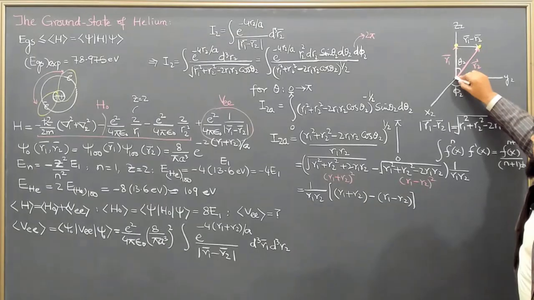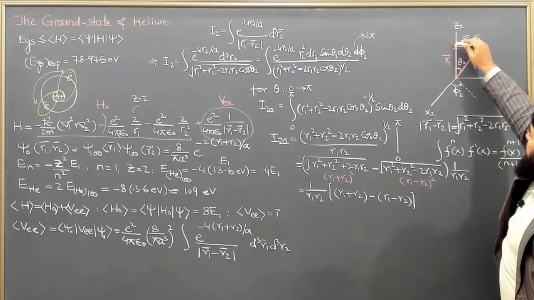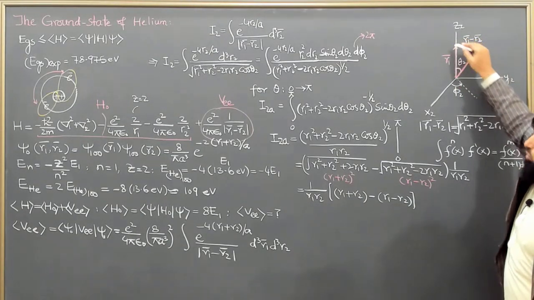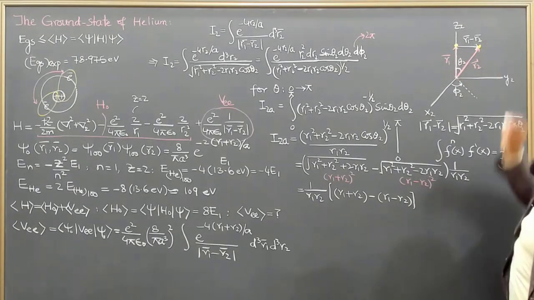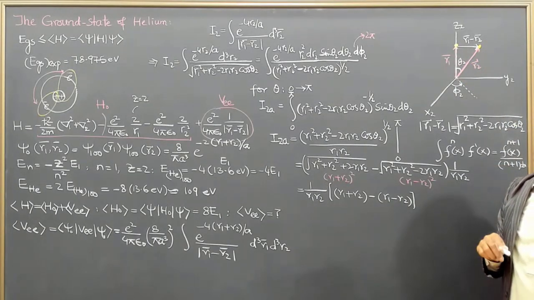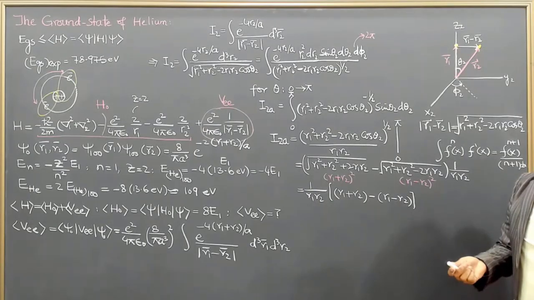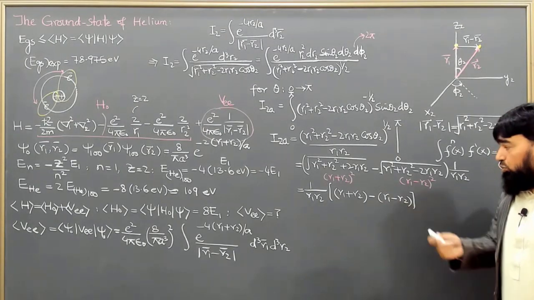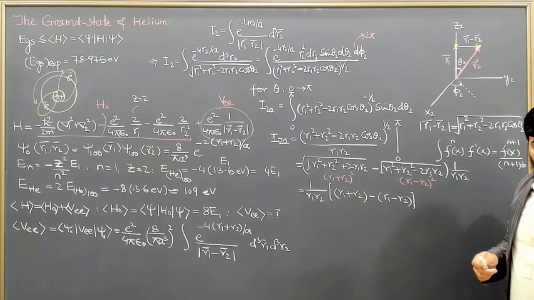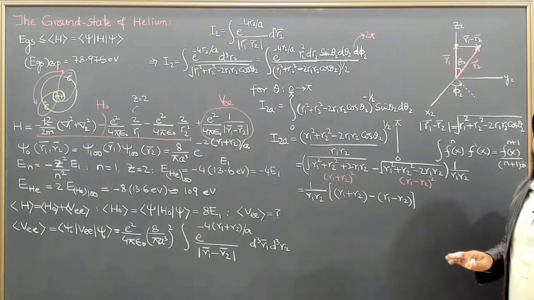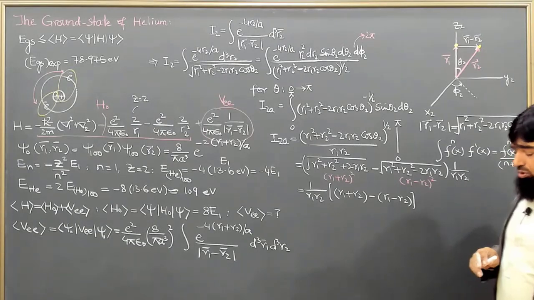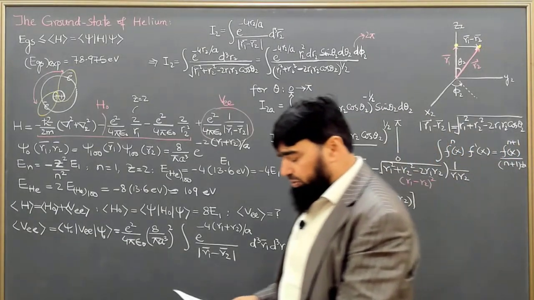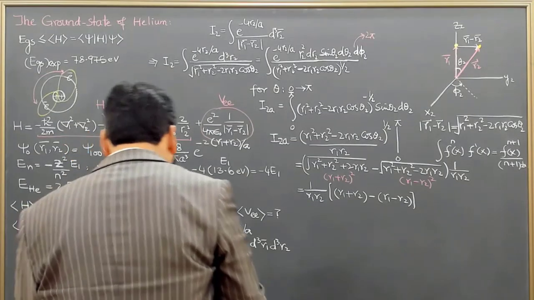Now if I look at the geometry, from the nucleus, the distance of one electron is r1, while the distance of another electron is r2. Now we are not recognizing the electron, so we are not sure about whether r1 is greater or less than r2 and vice versa. So for this reason, we will have to put some conditions.